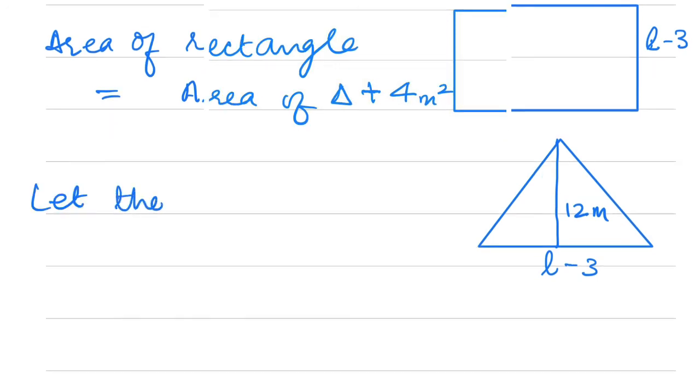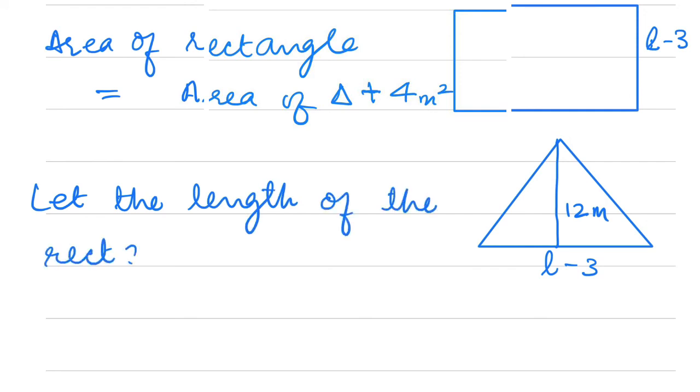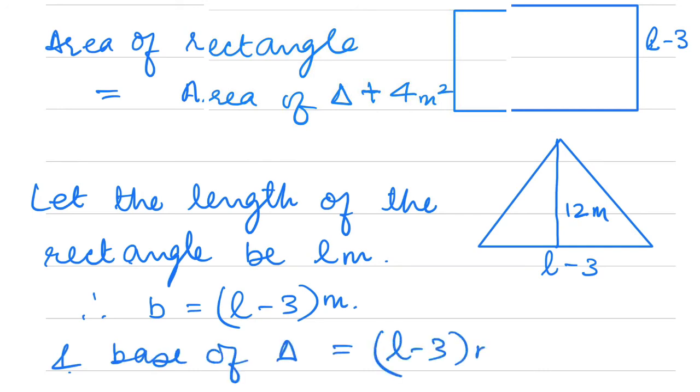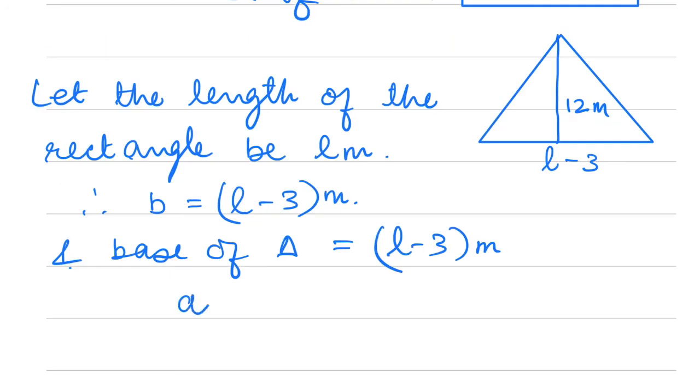Let the length of the rectangle be L meters. Therefore, breadth is equal to L minus 3 meters, and base of the triangle is also equal to L minus 3 meters, and altitude is 12 meters.